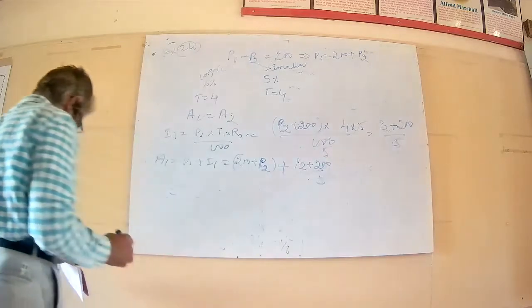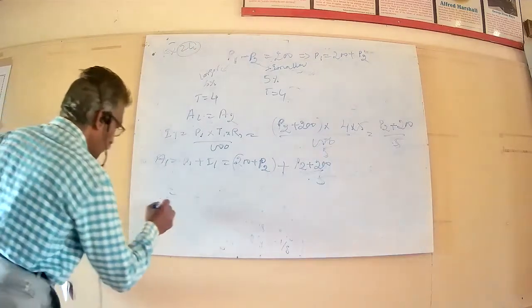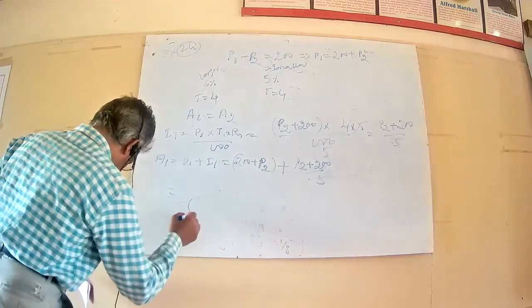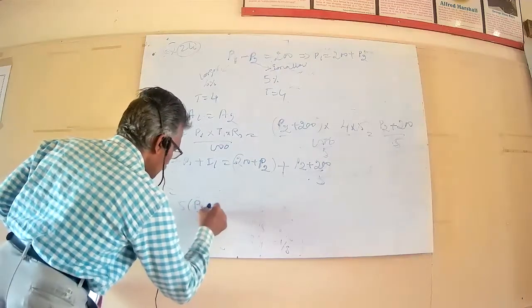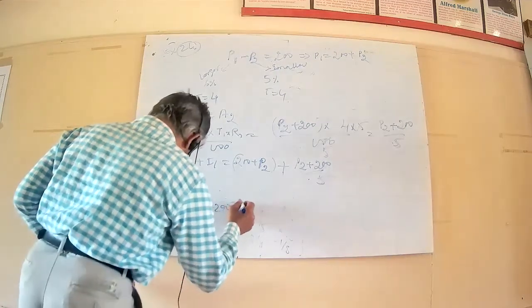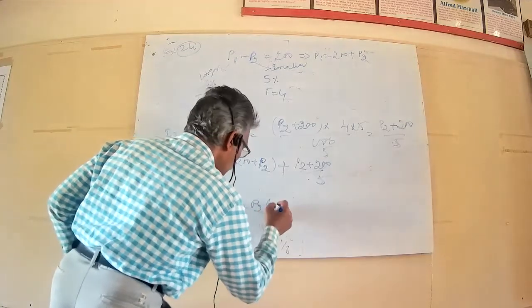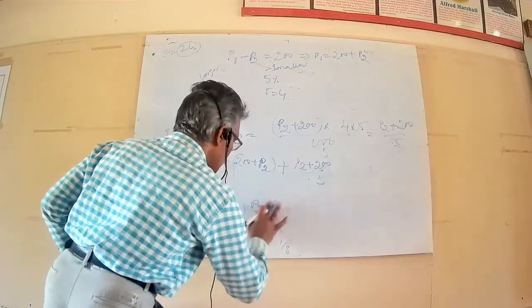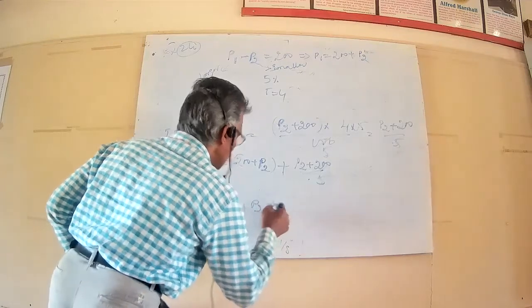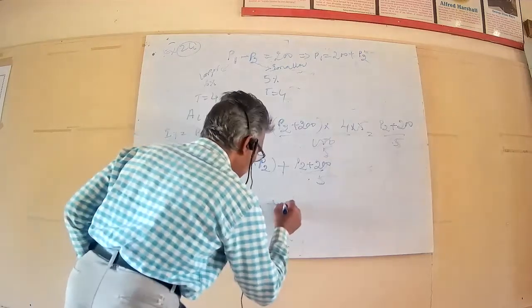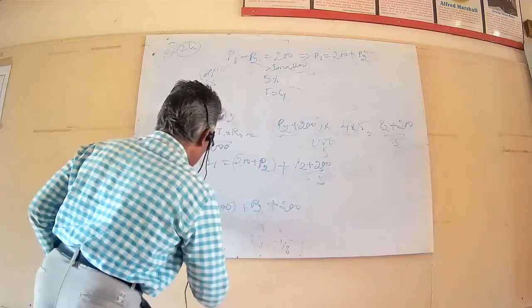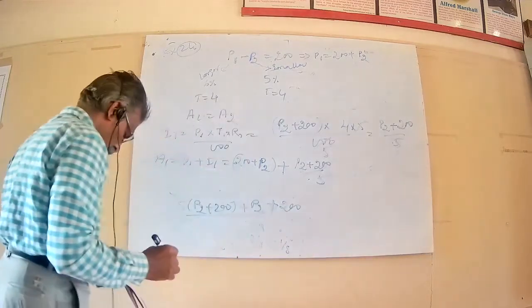So if you simplify this, you get 5 into P2 plus 200, plus P2 into P2 plus 200, divided by 5.